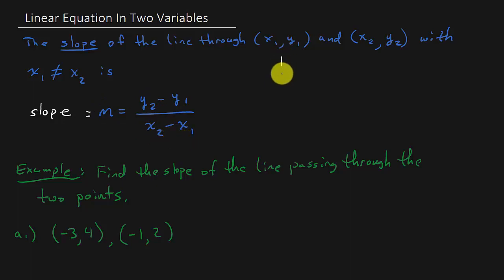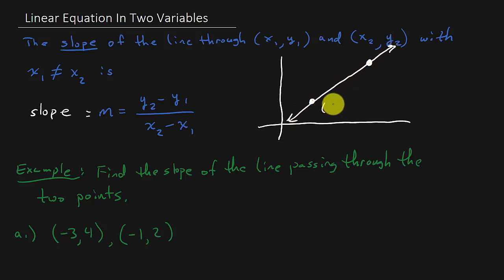So let's see what that looks like graphically. If we have 2 points, and those 2 points are connected with a line, we've got the point here, x1, y1, and the point here, x2, y2. If we drop this down, this would be x2, this would be x1, this would be y1, and this would be y2.